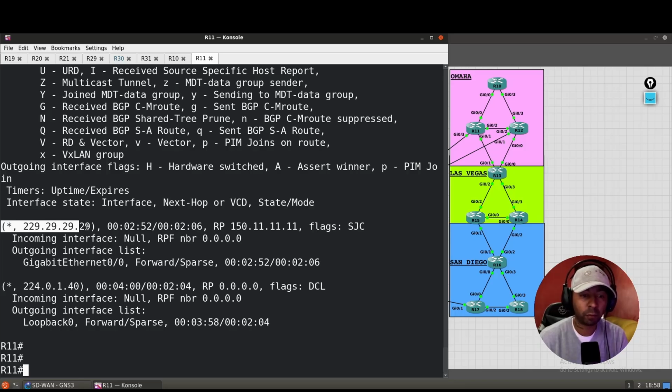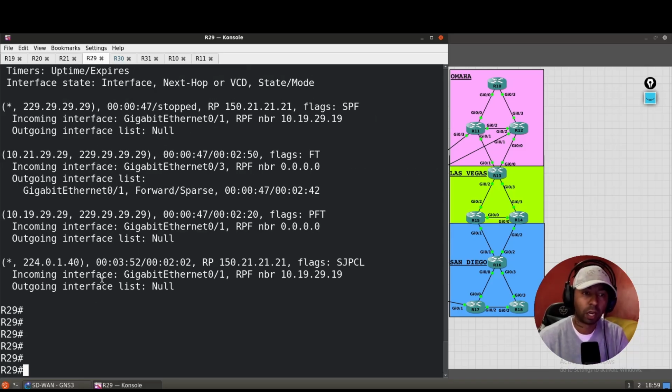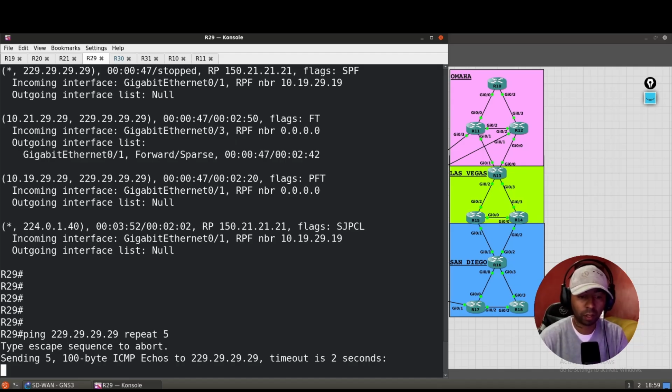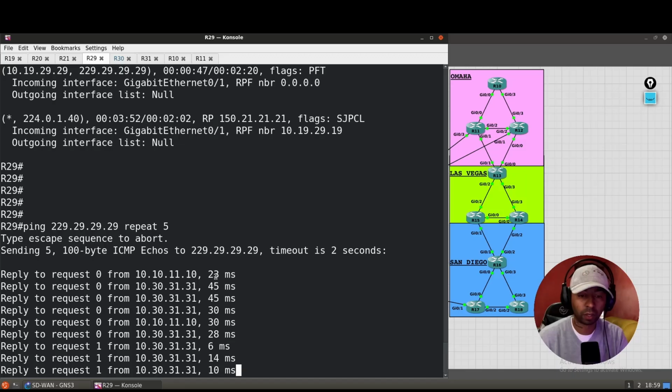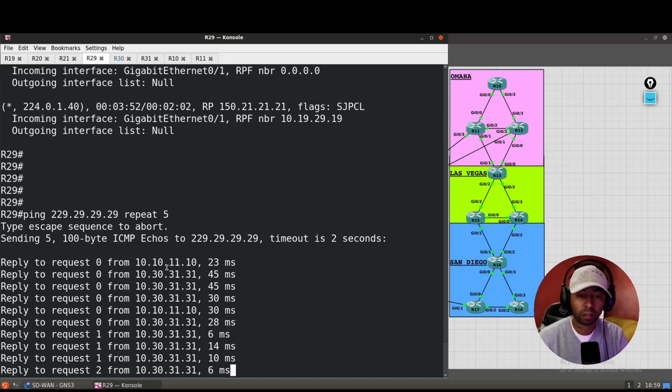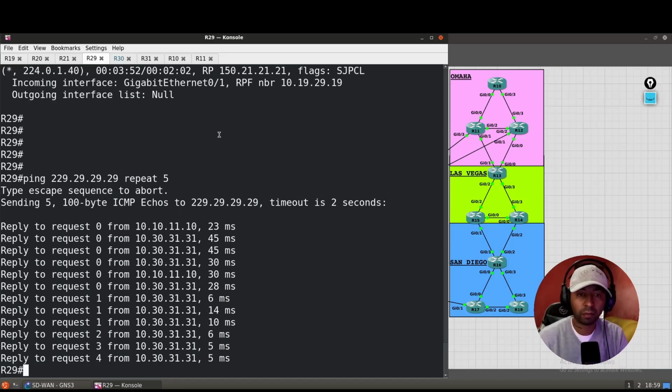Let's see if we know the source now. The receiver. We know the source, but we don't know the receiver. Let's see if we can reach the receiver. So let me see if the source knows the receiver. I will go here and ping. Yes, apparently he knows about who is the receiver.